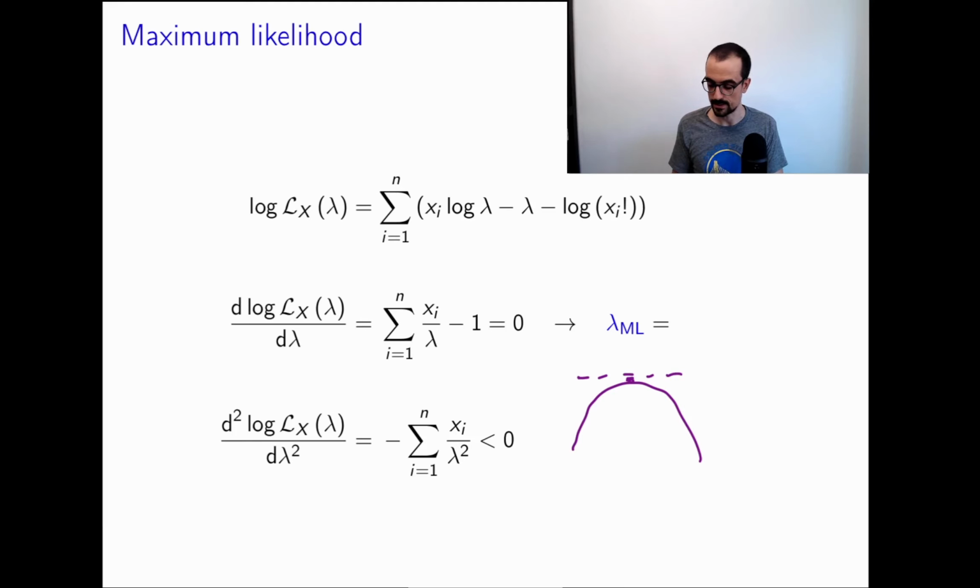So we just set the derivative to 0. Remember that this is inside the sum. So this means that we have the sum of the xi's divided by lambda minus n. So the maximum likelihood value of the parameter is equal to the total number of calls divided by n.